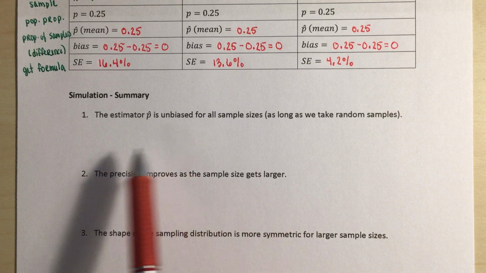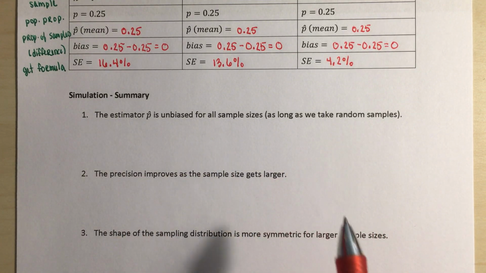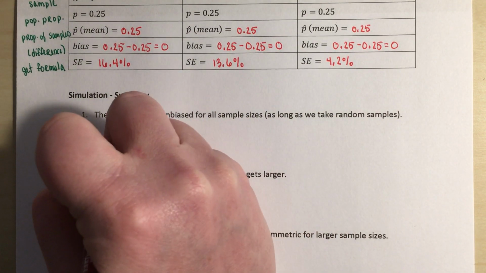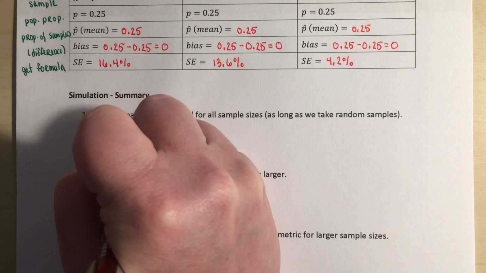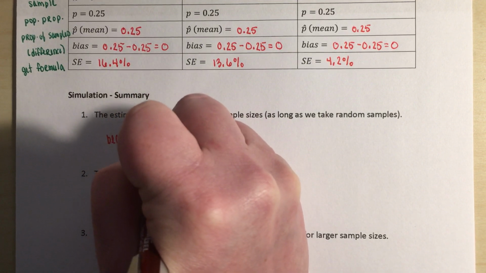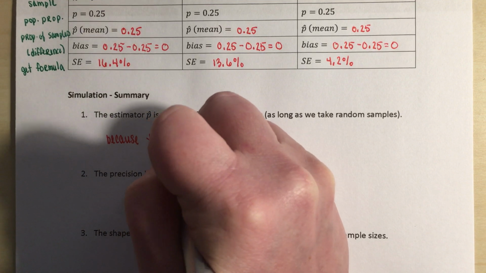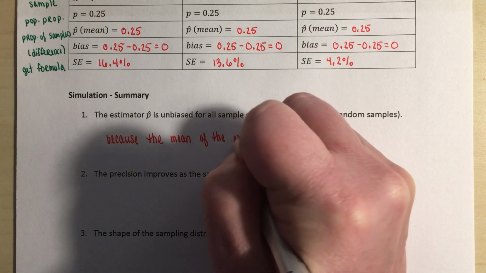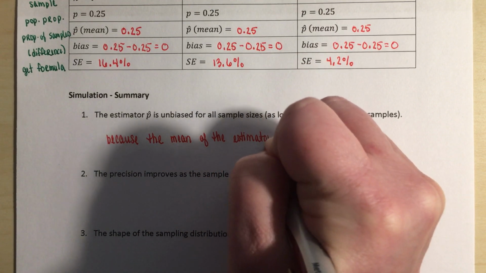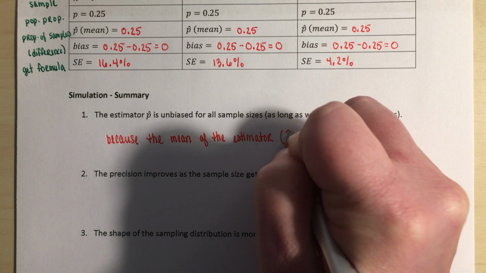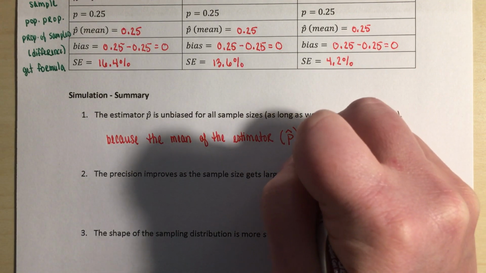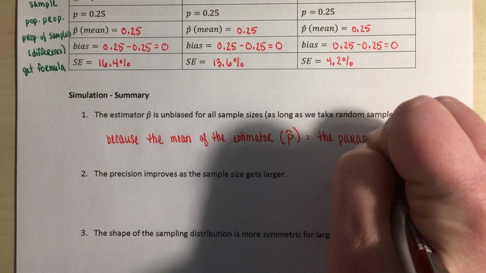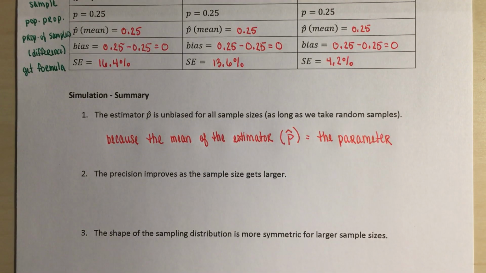This is always going to be true as long as we take random samples, because our difference turns out to be 0 since the mean of the estimator, our p hat, was equal to our value for our parameter. Our means and our parameters were all 25%.